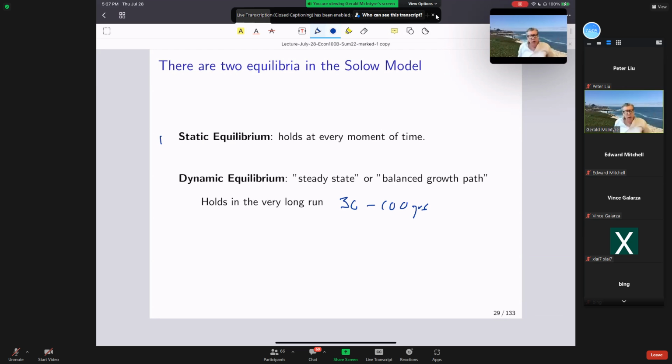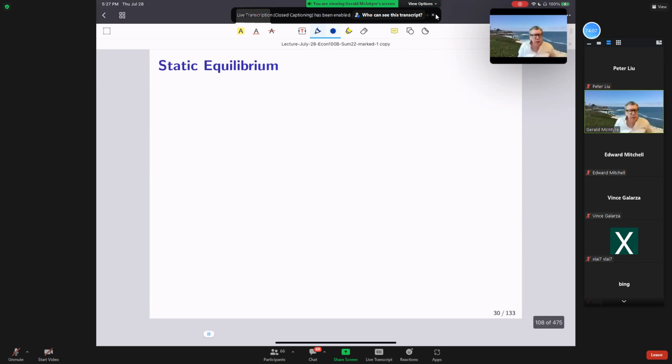Let's start with the static equilibrium. Do this on the next page. The static equilibrium is the one you learned in Econ 2. It's very straightforward. You'll be reminded of this as soon as I've got it. It says that y is equal to c plus I plus g plus net exports.